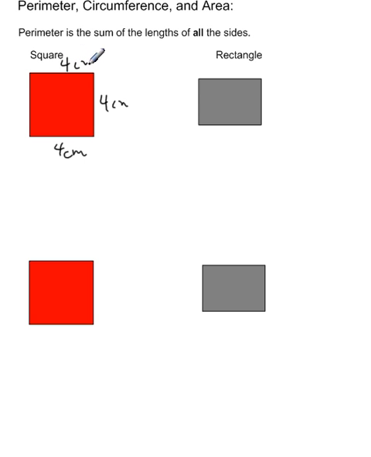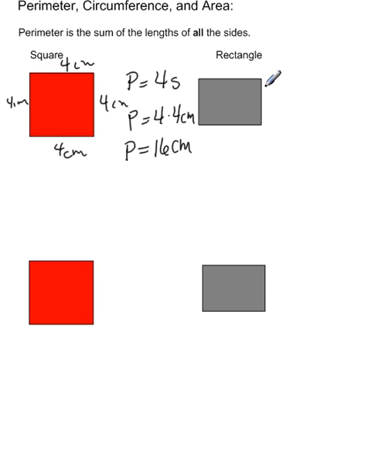So the formula for the perimeter of a square is, instead of saying 4 plus 4 plus 4 plus 4, we can say 4 times s, 4 times the number of sides. So the perimeter is going to be 4 times 4 centimeters, which is 16 centimeters.